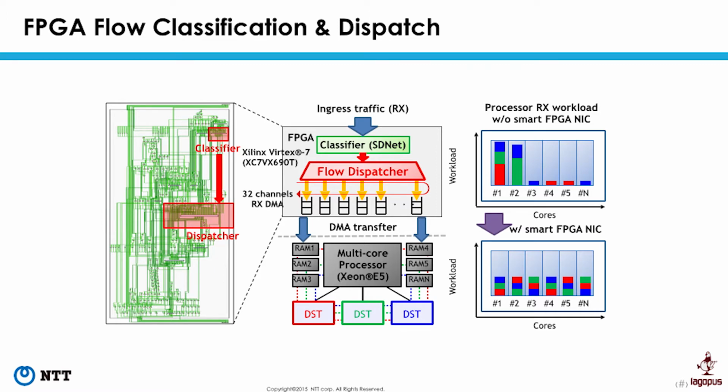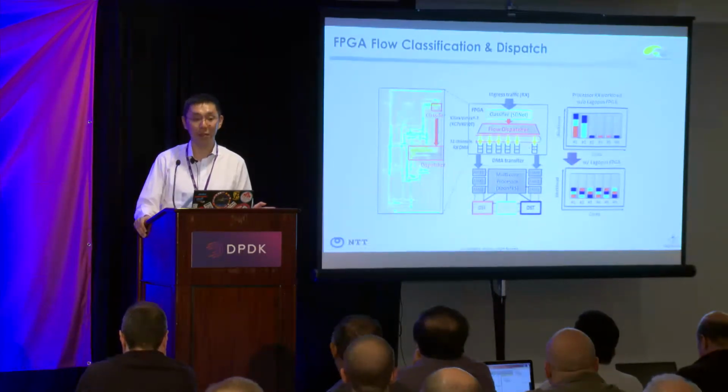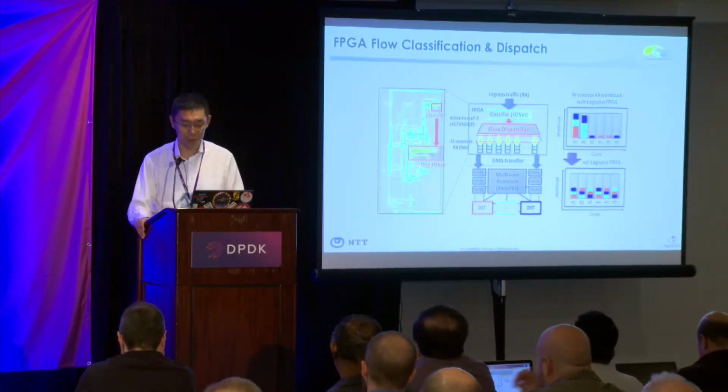So we can divide some flows to several hardware queues, and we can increase the number of I/O threads to retrieve the packets. Also, with flexible control of the flow classification, we can do load balancing for the many queues.